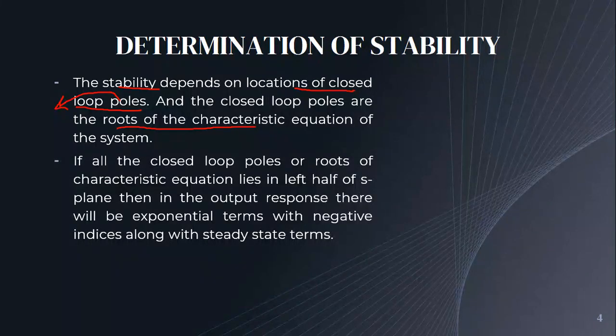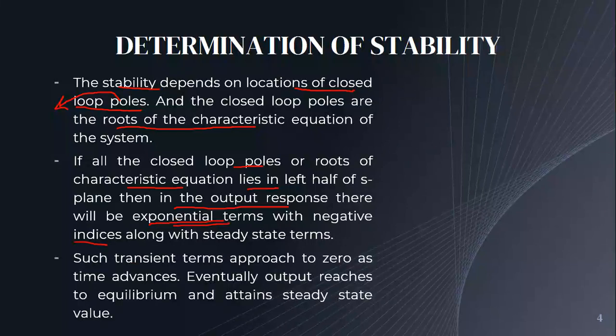Now if all the closed loop poles, or roots of the characteristic equation, lie on the left hand side of the S plane, then the output response consists of exponential terms with negative indices. As time t tends to infinity, these exponential terms with negative indices die out, so we get the steady state terms, that is, some steady state output.